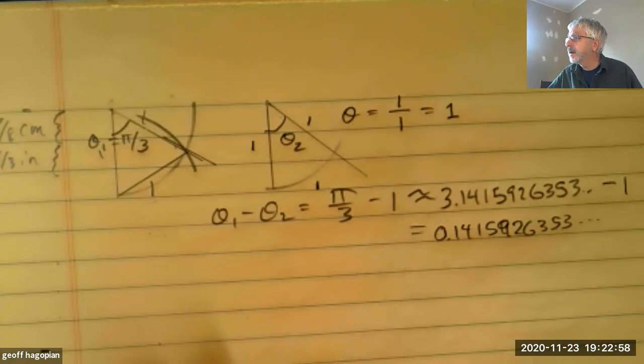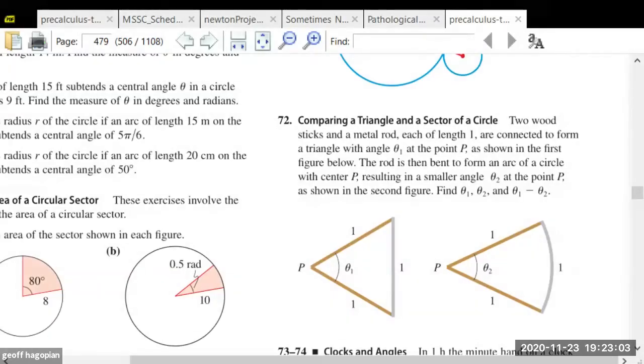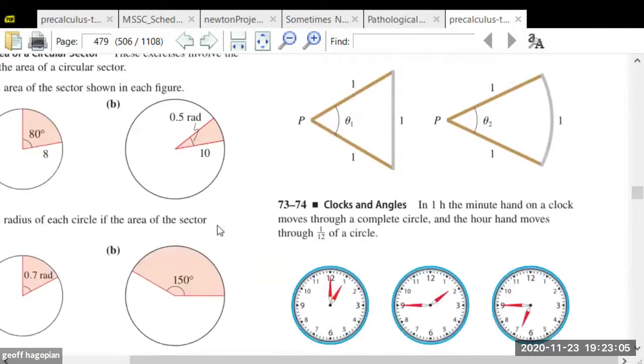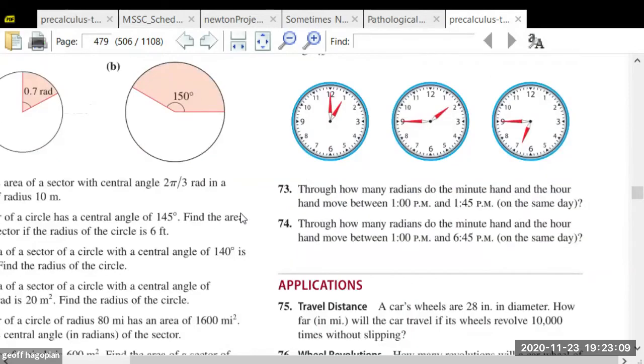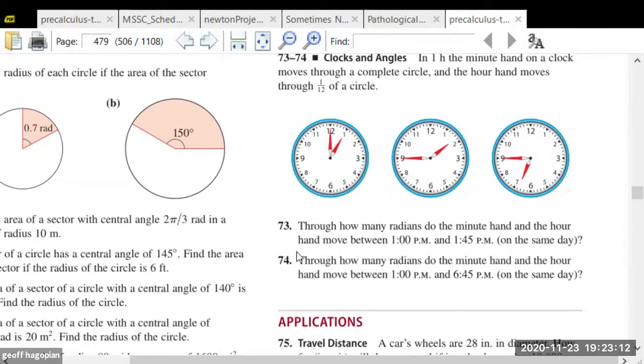What else is going on here? Clocks and angles. This is kind of fun. How many radians do the minute hand and the hour hand move between 1 p.m. and 6:45 p.m. on the same day? So this is number 74.